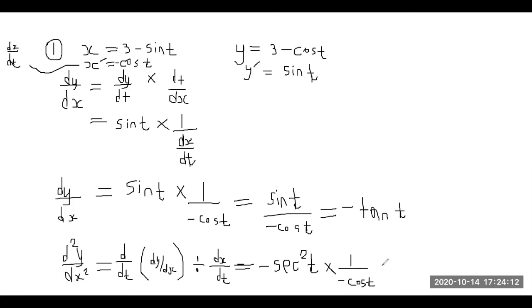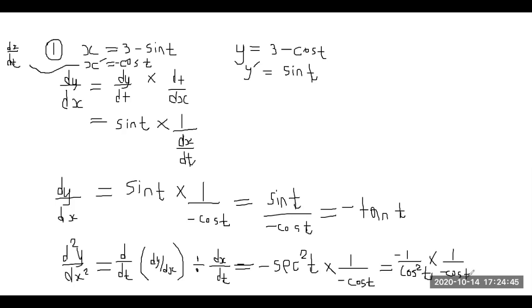Now, when you're multiplying sec squared times 1 over cosine t, remember sec squared by itself is 1 over cos squared t. And so now we have minus 1 over cos squared t, and it's being multiplied by 1 over minus cosine t.